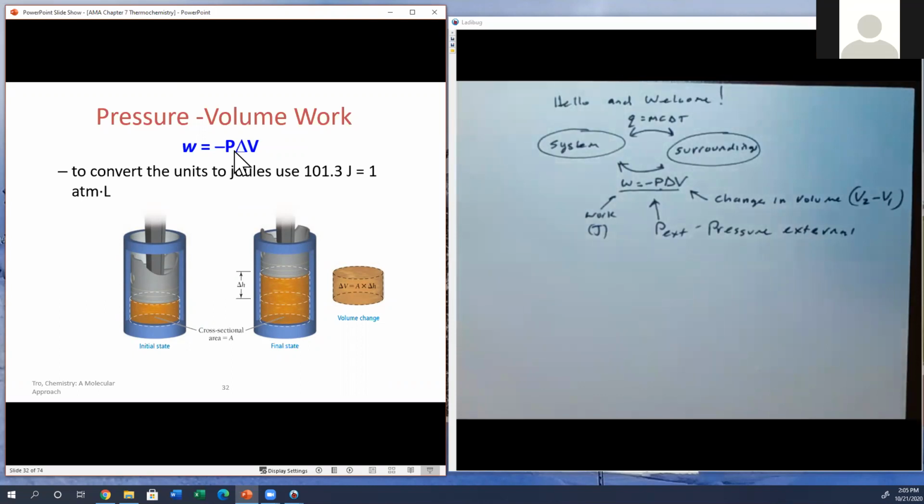And so if this piston is going down, then work is being done on the system, and that's positive, okay? So expansion, energy goes out of the system to the surroundings. Compression, energy comes into the system, okay? Important there to understand those signs.